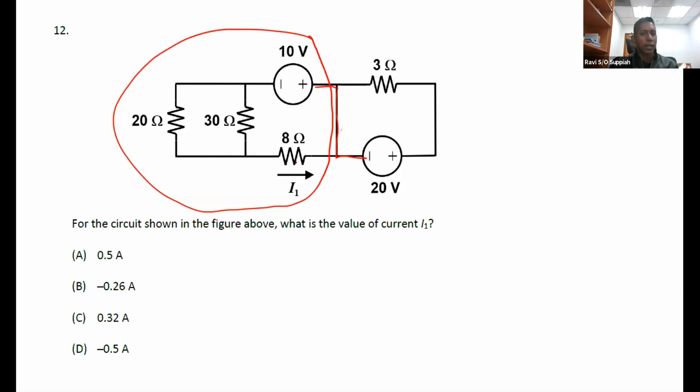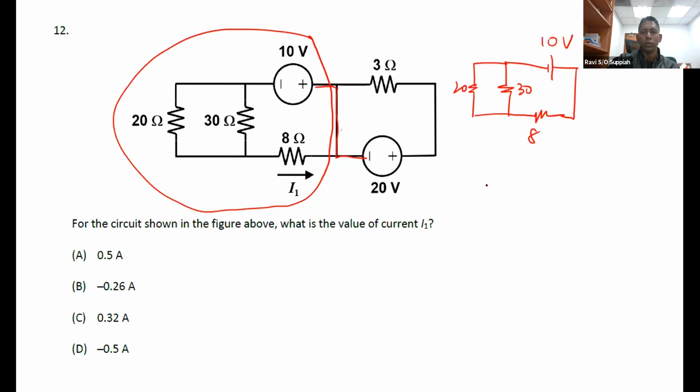So this current I1, as you can see, you apply Ohm's law and your resistance principles, you simplify this, and you get 10 volts here, 30, 20, 8.